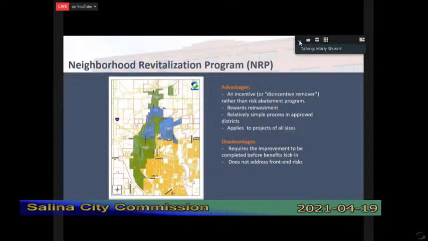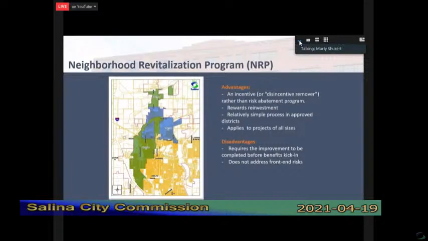So as a property owner, if I'm worried about doing a major project in my home because I'm afraid I'm not going to get my money back out of it, or it's going to increase my taxes, it doesn't for a while anyway, and it removes the disincentive to making that investment.